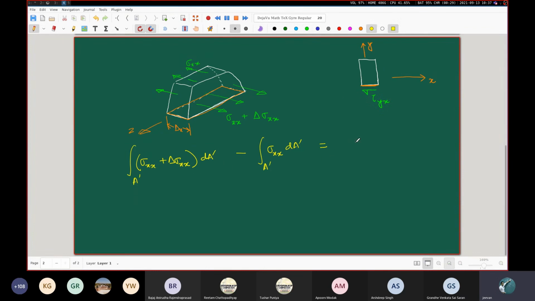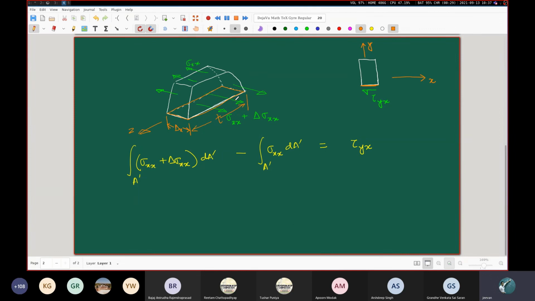So this force balance will be in this form, tau yx times, what is the area now? You cannot write this without knowing the breadth of this. So as per the notation used in our textbook, Beer and Johnson, we'll take this distance to be t.